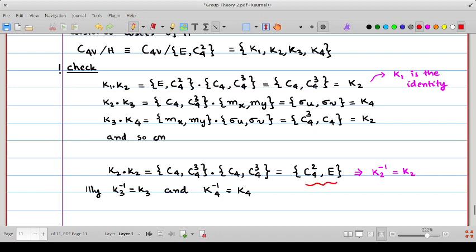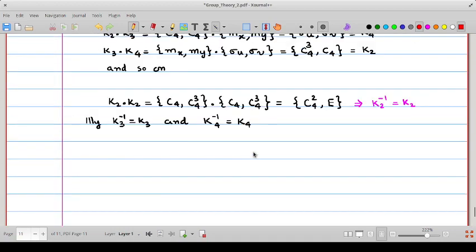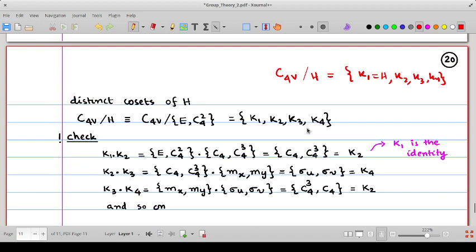So the same thing. This is nothing but the identity K1. And therefore, we see that K2 dot K2 is the identity, and therefore K2 is its own inverse. Similarly, we can show that K3 inverse is K3 and K4 inverse is K4. So this is an exercise which can be easily done using the multiplication table of C4V, and convince yourself that all the properties required for this set being a group under quotient multiplication are satisfied.